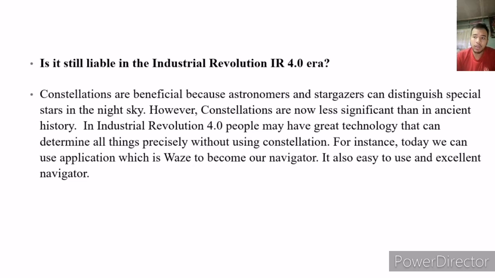That is because nowadays we have our own technology to determine the weather, to know when to harvest, and the location where we want to go. For example, we have ways to determine where our location is, and many more.